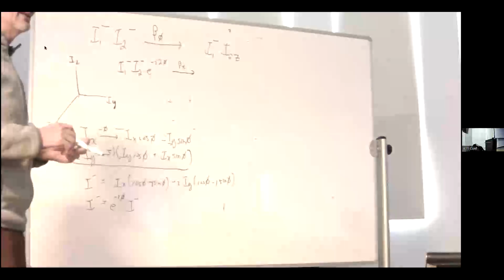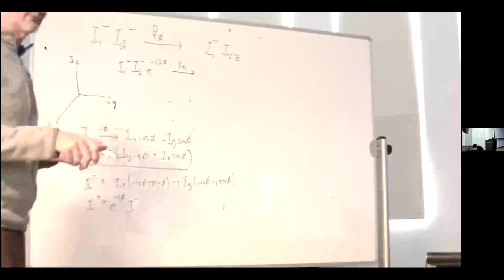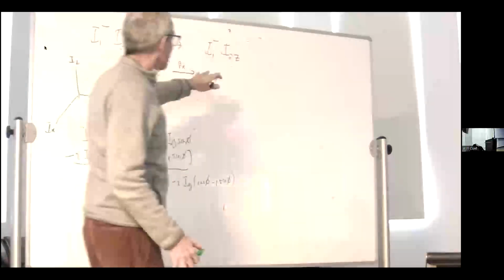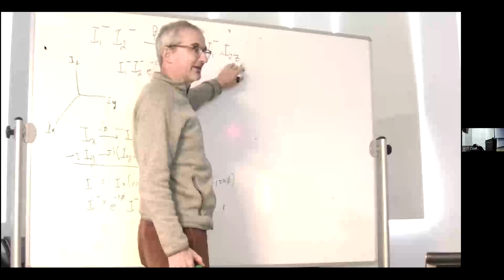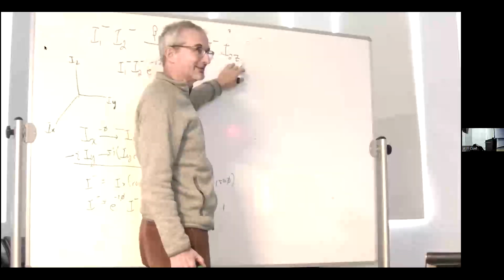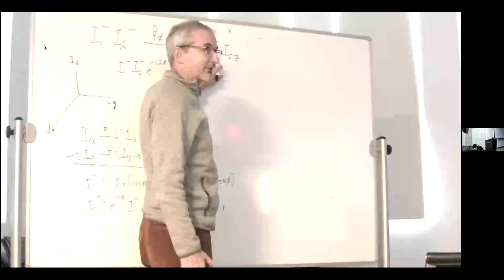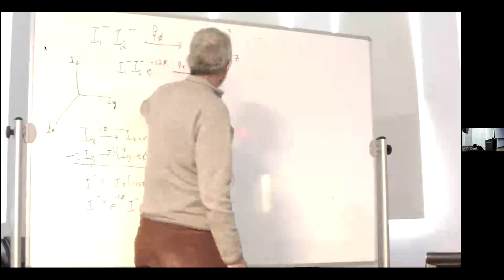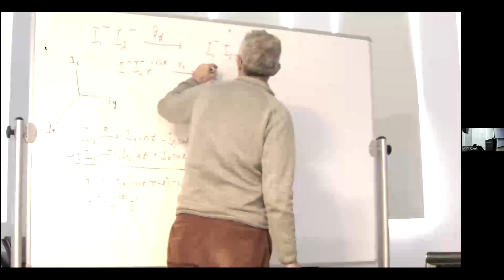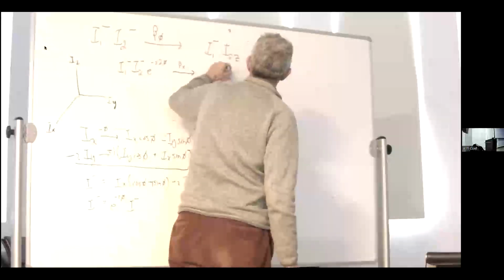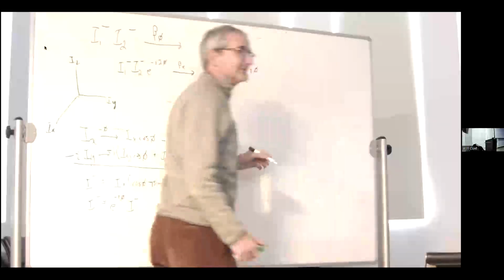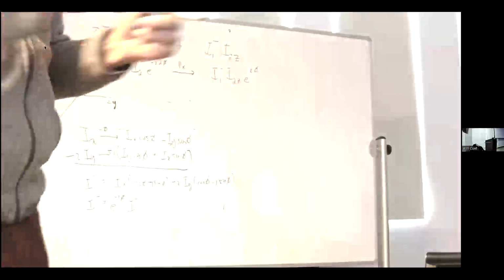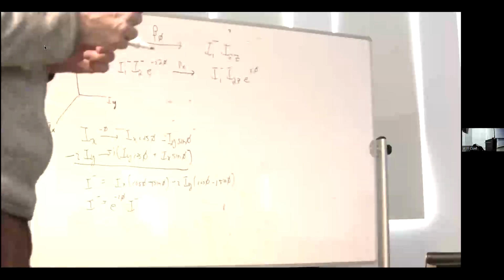But at the end, I'm going to have to undo that rotation. So when I undo the rotation, the rotation around Z doesn't do anything here. And I'm going to rotate in the other direction. So now my final operator is e to the i1 minus I2 Z e to the i phi, the effect of undoing the first rotation to come back to the original frame.